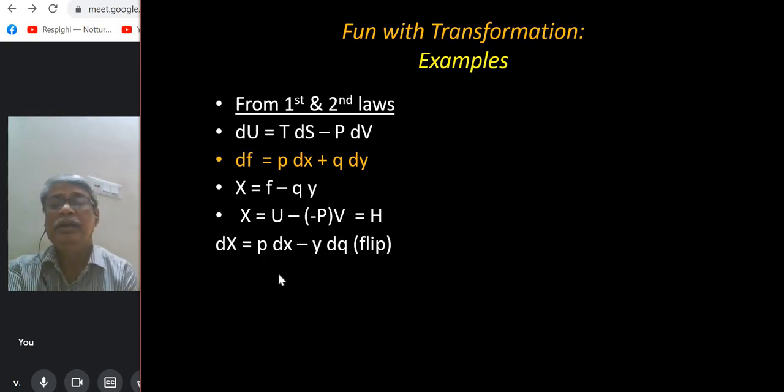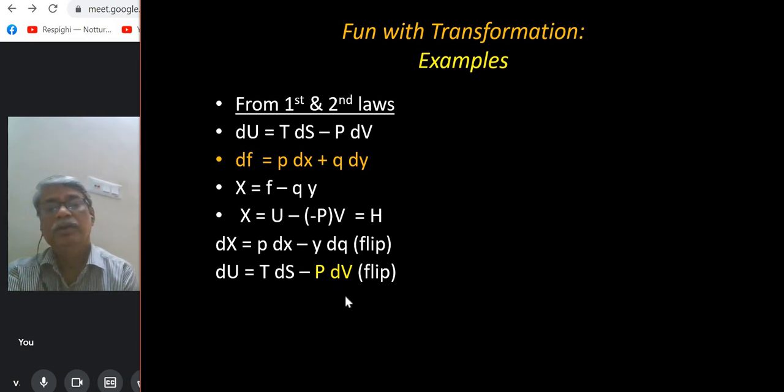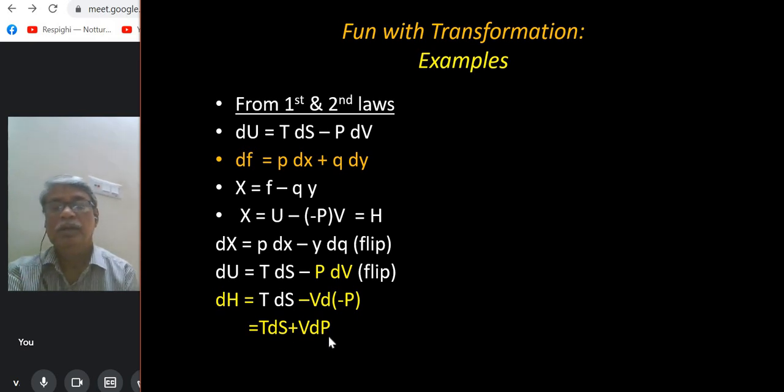And dx, as we flip over here, y dq. So similarly you have to flip over in this pdV. So V and d of minus P, and that would give you TdS plus VdP. So you get dH directly from the pattern or transformation: TdS plus VdP.